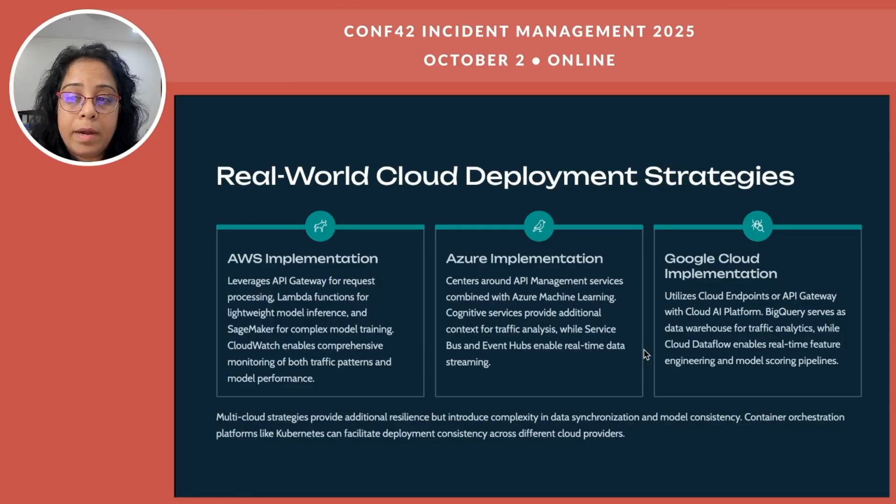You have one head of security at headquarters who sends the rules to every branch, and every branch executes them with their local team. Multi-cloud strategies provide additional resilience but introduce complexity in data synchronization and model consistency. Container orchestration platforms like Kubernetes can facilitate deployment consistency across different cloud providers.